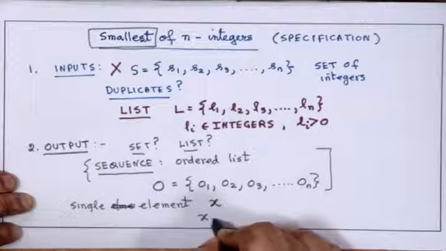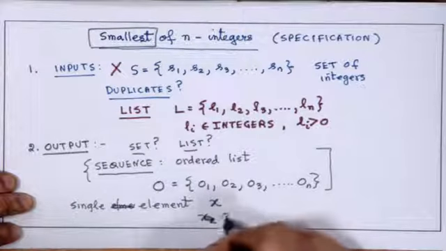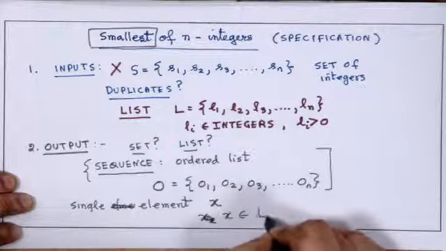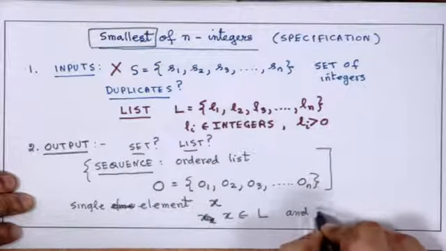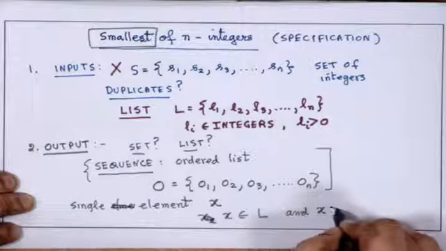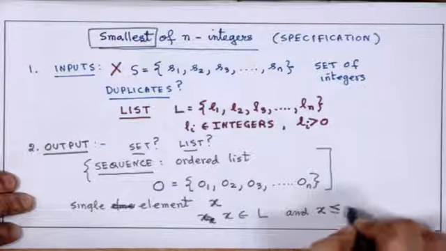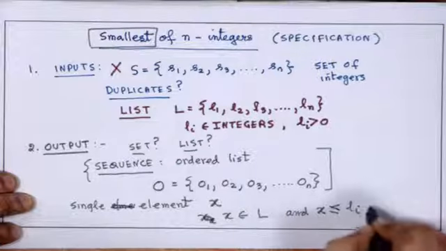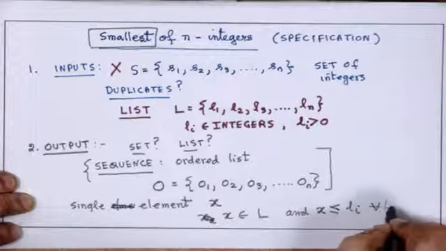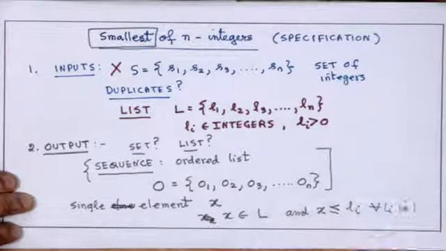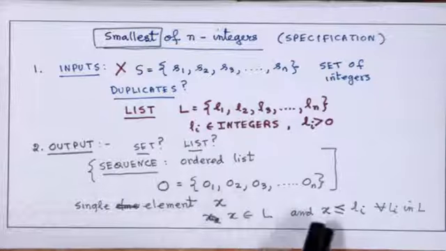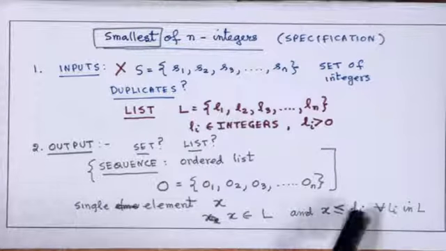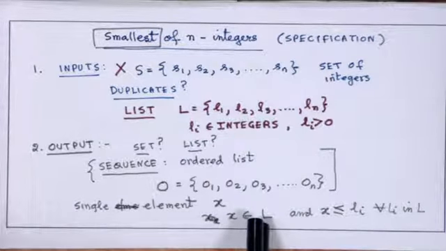That x is an element of the list L, and x is such that it is less than or equal to Li for all Li in L. So, in order to find the smallest element, it does not only have to be less than or equal to all Li, it also has to be a member of L.